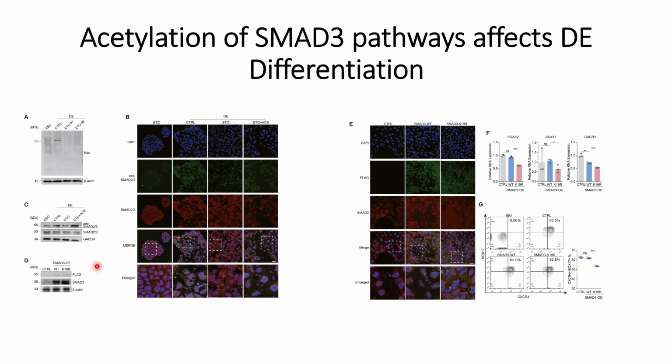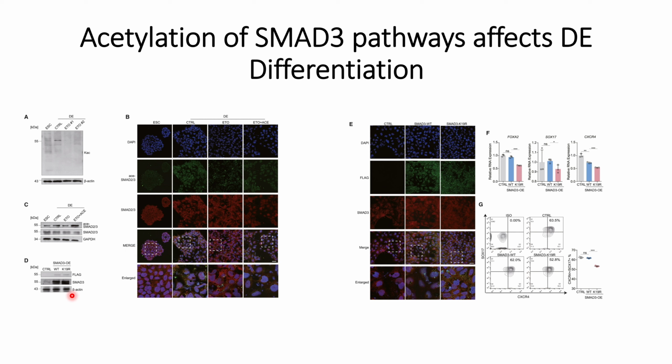So they decided to proceed with this SMAD3 mutant, where K19 is mutated to R. They checked the overexpression of SMAD3, which is tagged with FLAG, and they can see that SMAD3 is overexpressed compared to the control, in both the wild type and the K19R mutant SMAD3.